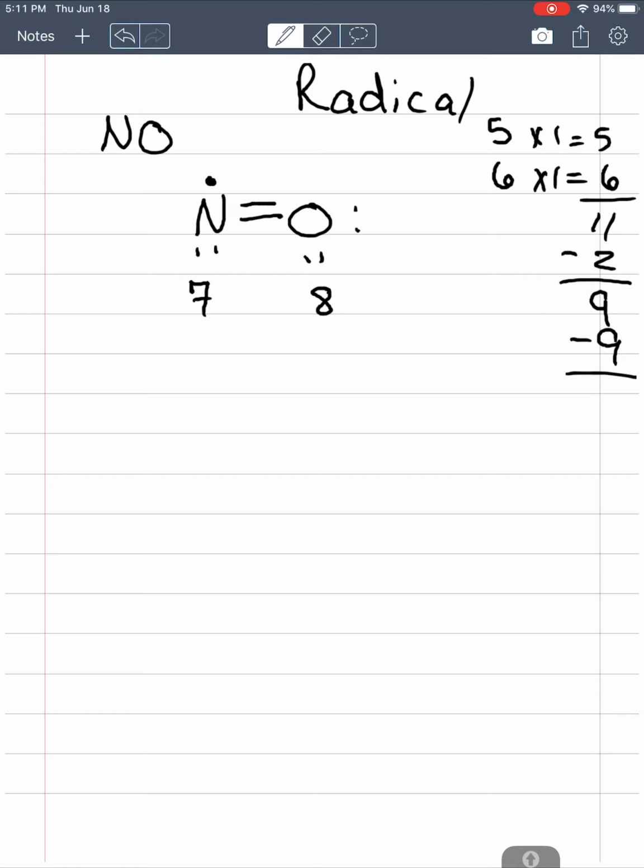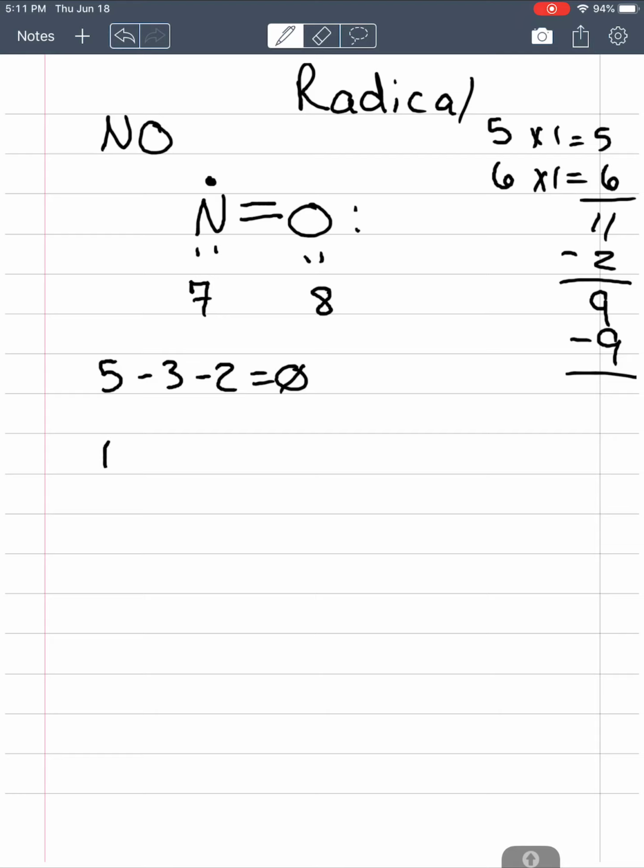That's it. Now we can look and decide also where the radical goes based on what's more electronegative and what's less electronegative based on formal charge. So nitrogen's in group 5, minus the 3 lone pair electrons, minus the 2 bonds is 0.